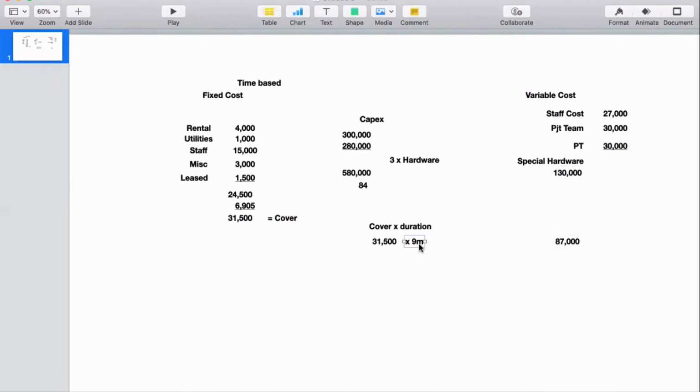Times my duration, also 9 months. So here is my variable cost, variable times duration, and here is the special hardware cost. That is my cost price.